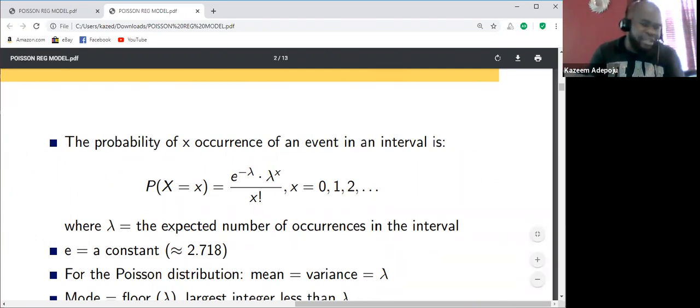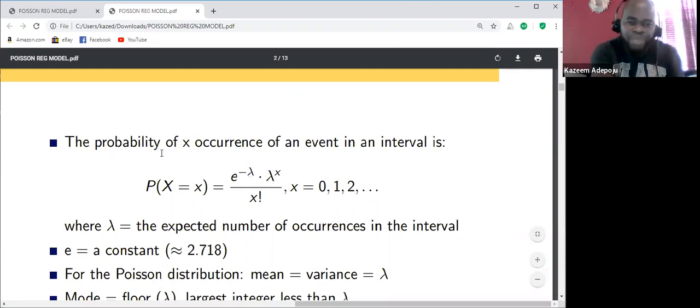If we have count data where something occurs in an interval, such as the number of customers that will visit my grocery store in a day, or the number of cheers we are going to have in a minute at a concert, and stuff like that, what is the probability distribution? The mathematical architecture of that distribution is what we have right here. This is what we call the Poisson distribution.